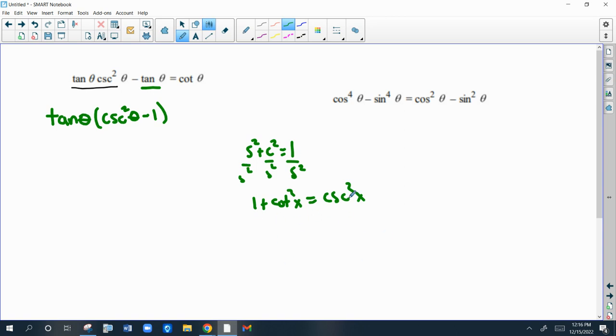So now I see that cosecant squared minus 1, if I bring this one over, is exactly equal to cotangent squared. So I can write this as tangent times cotangent squared. You can use the tangent and cotangent reciprocal identities, that's probably the easiest way, but I'm going to change these to sines and cosines.